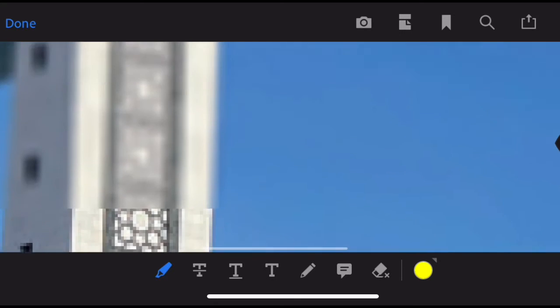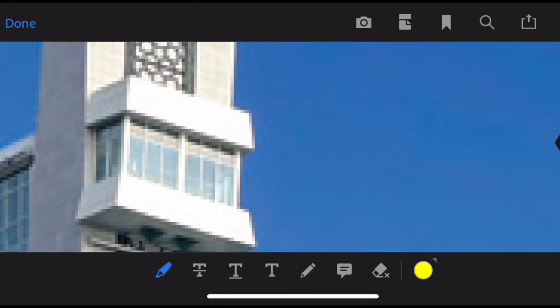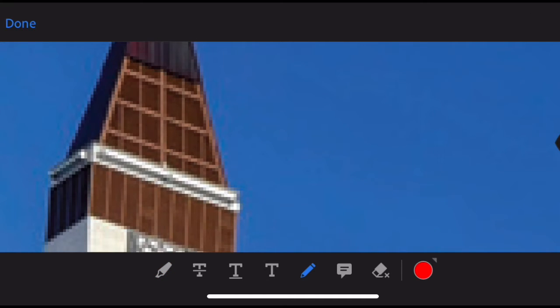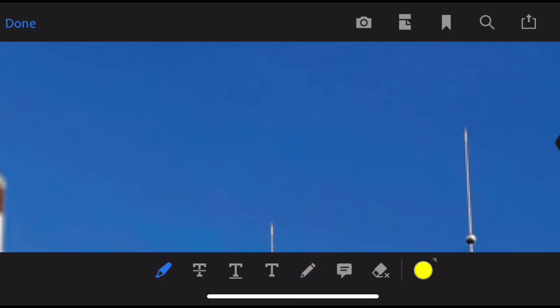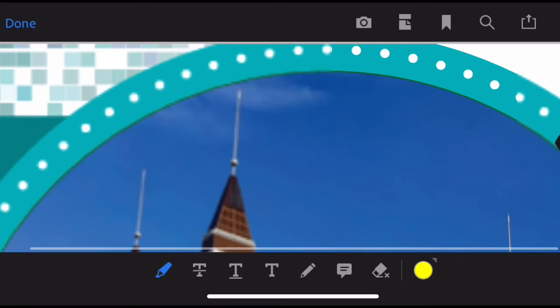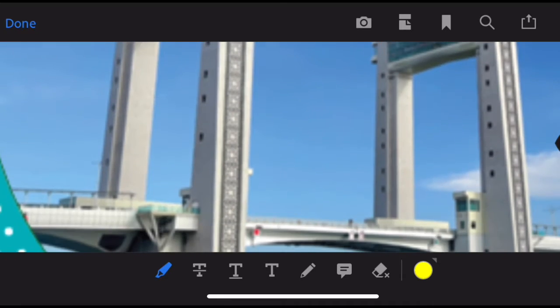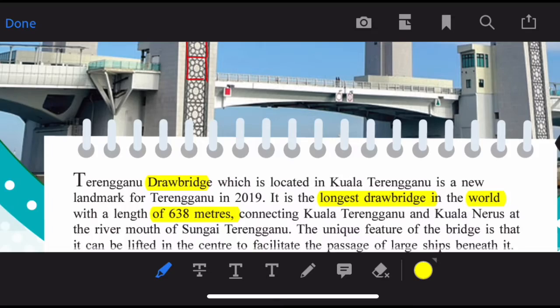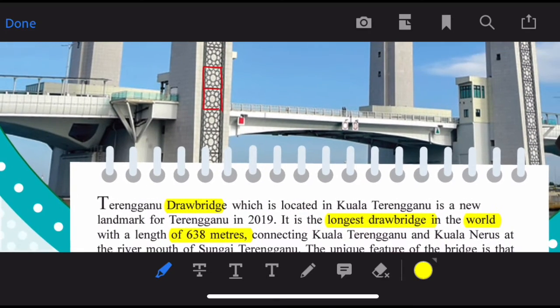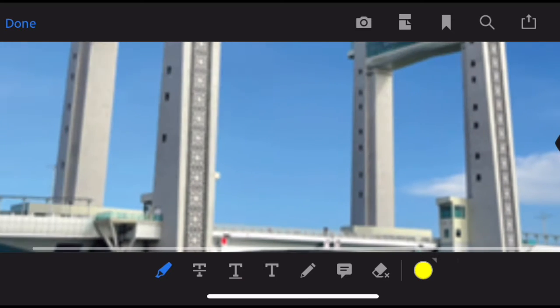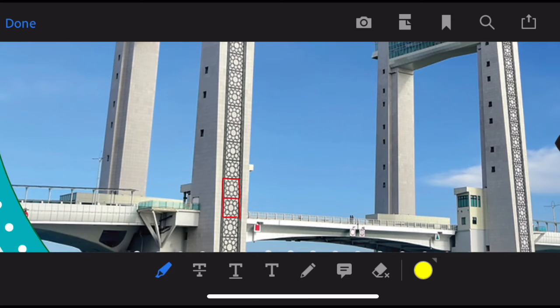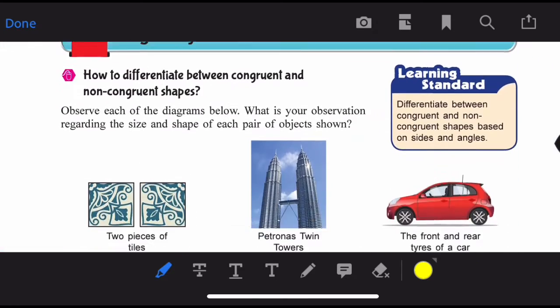Okay, so you can see the shape here is a congruent pattern. This is a very special building, right? The design is so beautiful. Okay, so this is the bridge.